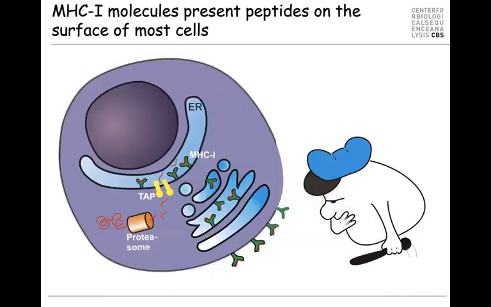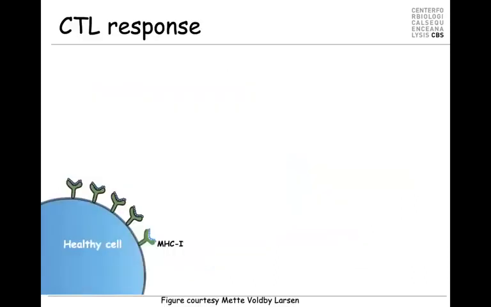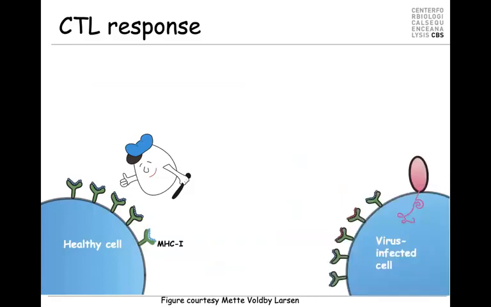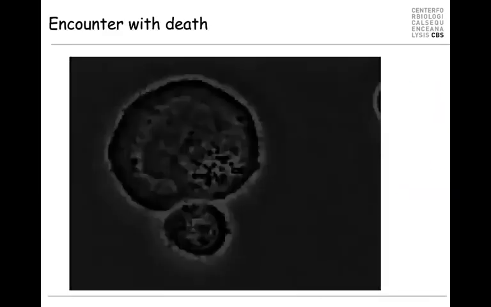So here we see the T cell scanning the surface of the cell. And if some of these peptides on the surface are of foreign origin, from infections or from tumor cells, something that doesn't look like self, then the cell is killed. I have a small video showing you this. Here it comes.